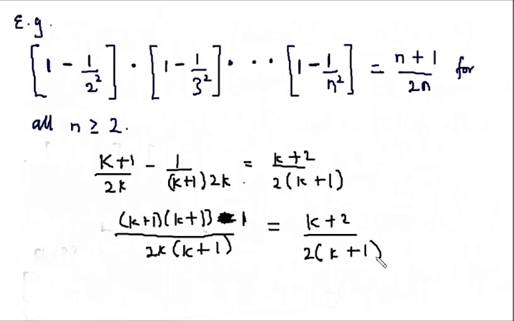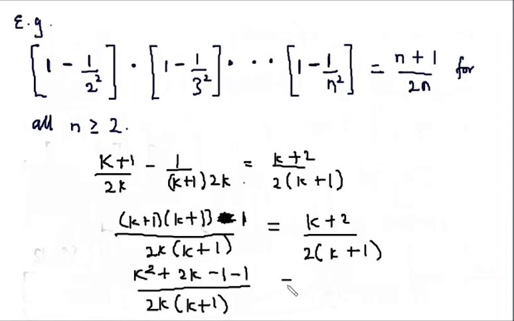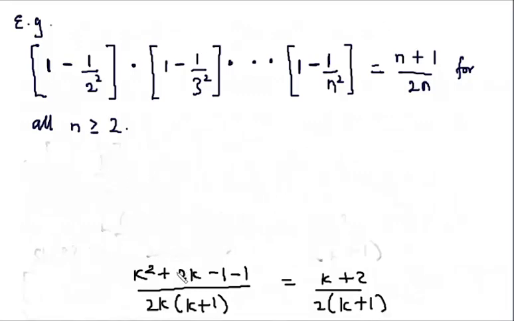So to simplify this further, we know that expanding this bracket becomes k squared plus 2k minus 1 minus 1, over 2k(k+1), which is equal to (k+2)/(2(k+1)). So we still need to clean up space. From here on out, we know that the numerator of this is k squared plus 2k. 1 minus 1 is 0.